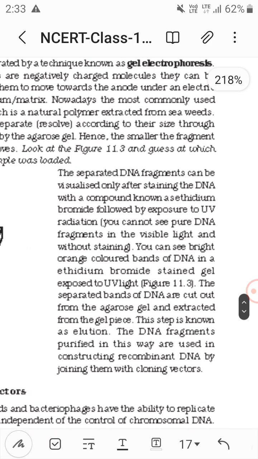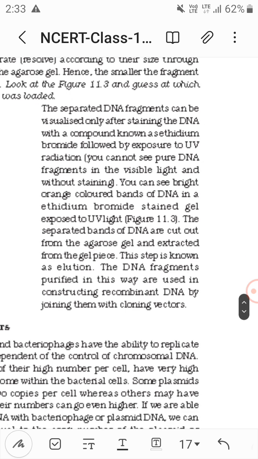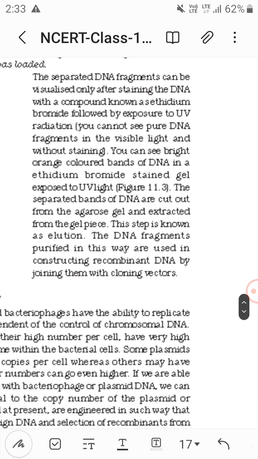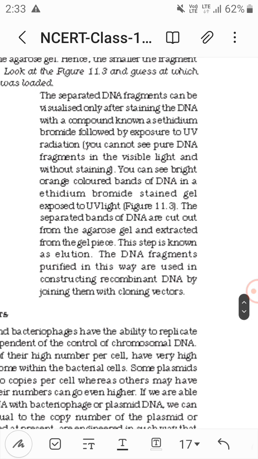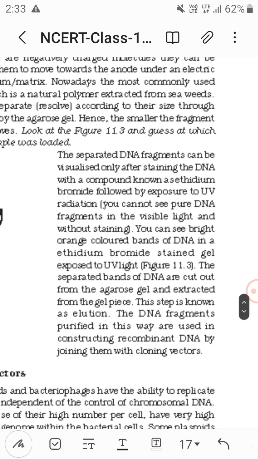Stain with ethidium bromide, then exposure to UV radiation. Bright orange color bands.